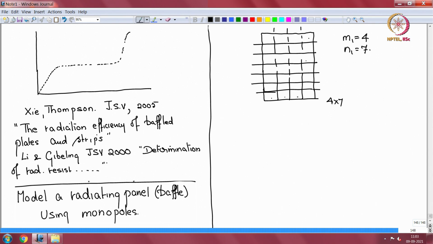Okay, so in this case I am changing the coordinates a little. I will take this as x, this as y. Okay, and this whole panel now has dimension capital B in this direction, and capital A in this direction.